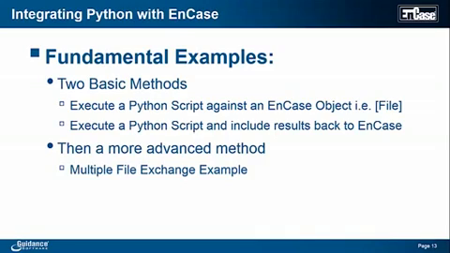Next, we're going to run that same Python script, but in this case we're going to include the results back to EnCase from the Python script. Then we're going to move to a little bit more advanced example where we're going to do two things. One, we're going to exchange multiple files from EnCase through an EnScript with Python, and we're going to do a lot more processing on the Python side and deliver those results back to EnCase.